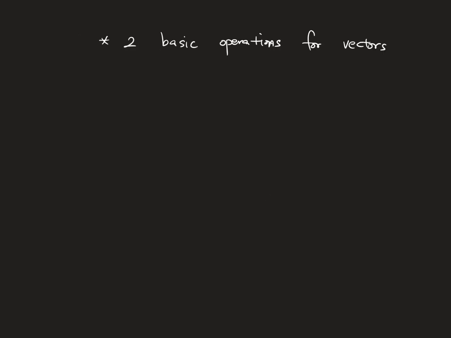So we're going to introduce 2 basic operations for vectors. For the definition of vectors, you can just assume that a vector is just an array. And the 2 basic operations for vectors are, one is scalar multiplication.